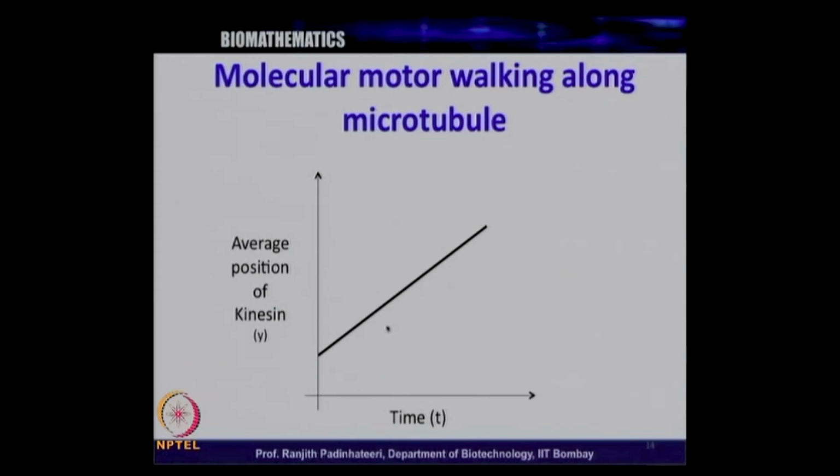This is a simplified version of reality. But the aim here again is to convey the idea of this phenomenon of motor walking: as we go along the microtubule from the center of the nucleus to the periphery of the cell, the distance or position increases.